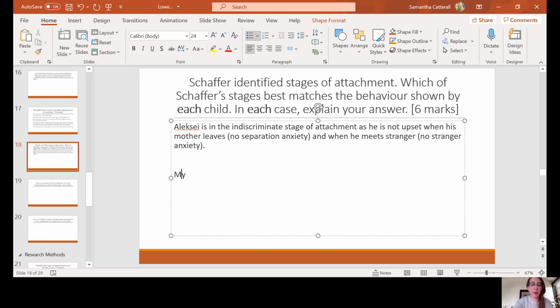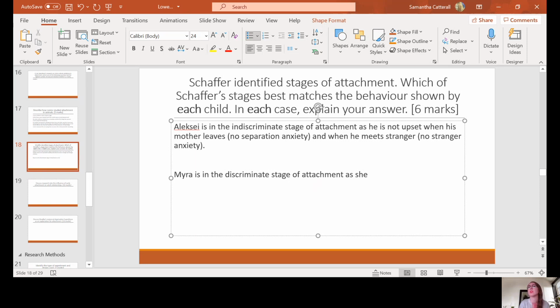Then we've got Myra. Now, Myra is in the discriminate stage because she gets upset when the mother leaves and she doesn't like meeting any strangers. So she's demonstrating separation anxiety from the mother and stranger anxiety. And she's also upset by the childminder. So it's demonstrating that she's not in the multiple attachment stage yet.